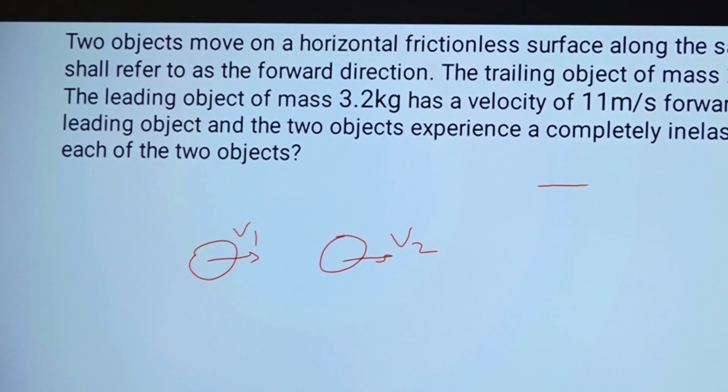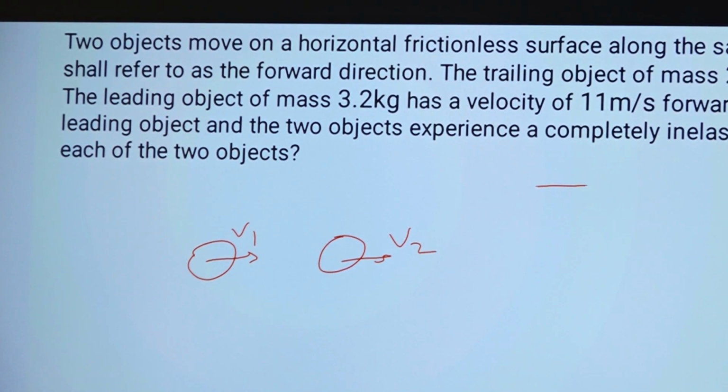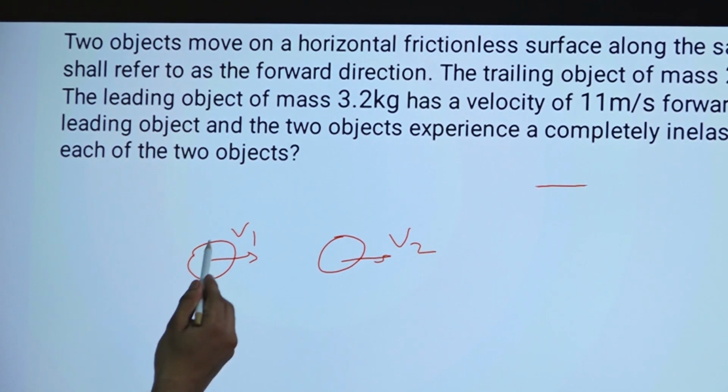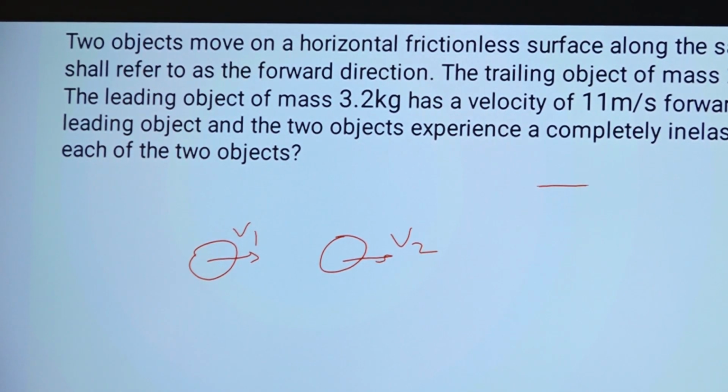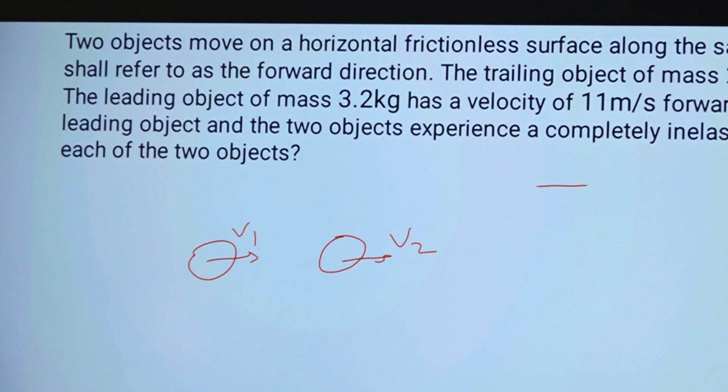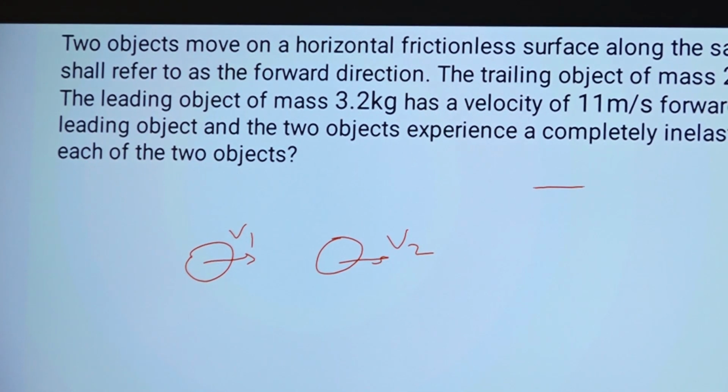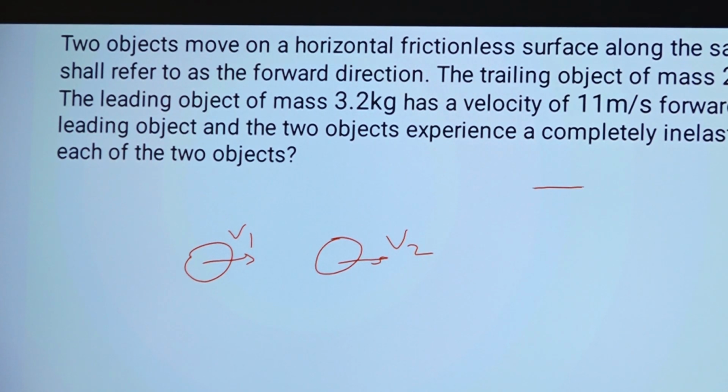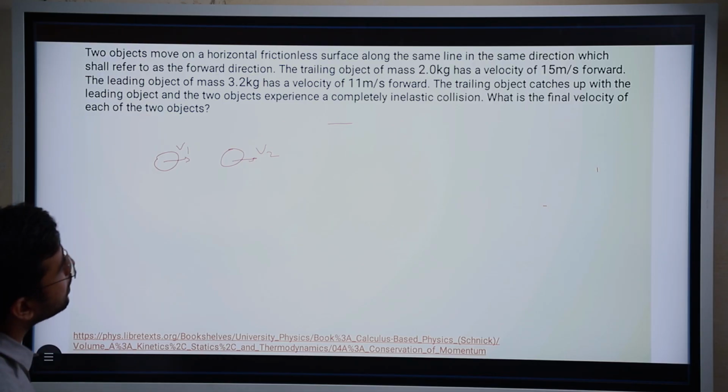The trailing object of mass 2.0 kilogram has a velocity of 15, so V1 is 15, and the leading object of mass 3.2 kilogram has a velocity of 11, so V2 is 11. The trailing object catches up with the leading object, and the two objects experience a completely inelastic collision.